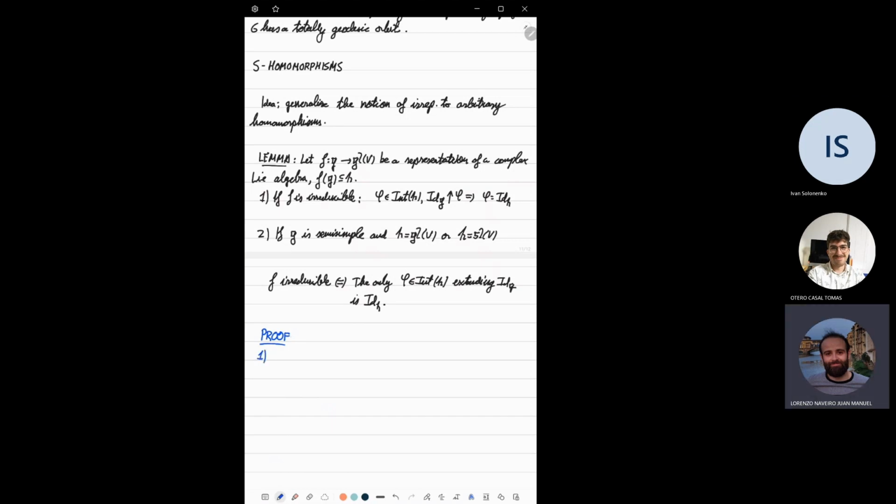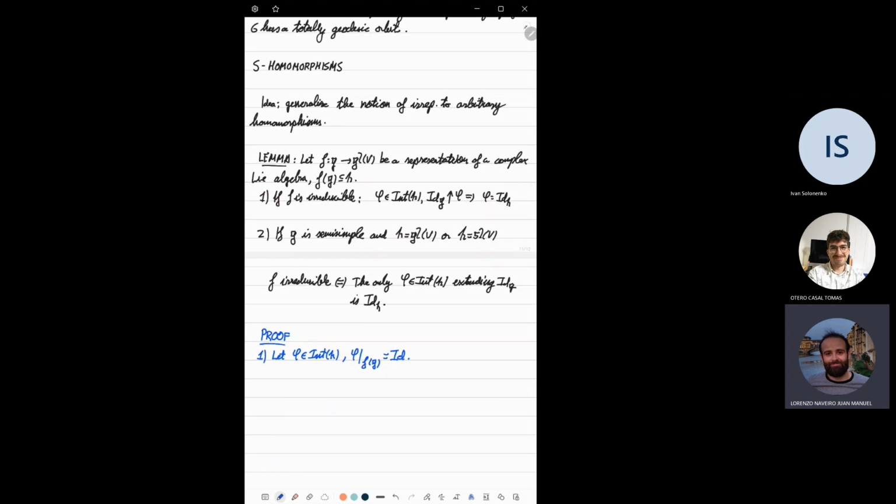For the first part, suppose that we have such an inner automorphism phi, and suppose that it extends the identity. So the restriction of phi to F of G is the identity.